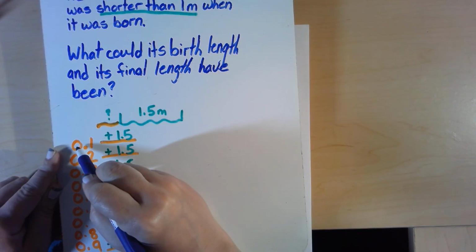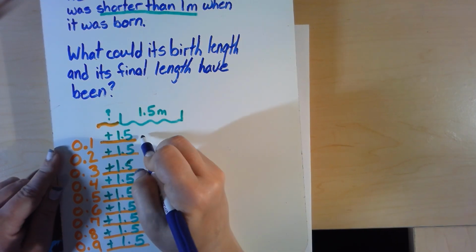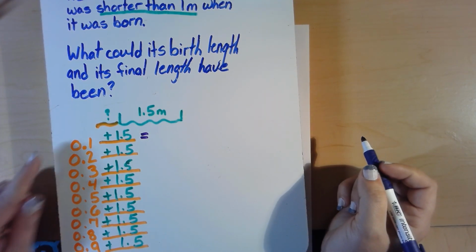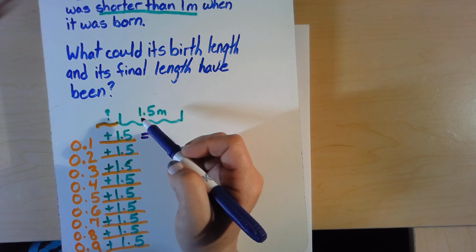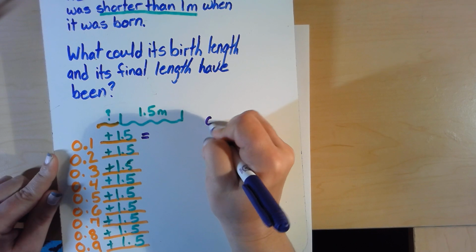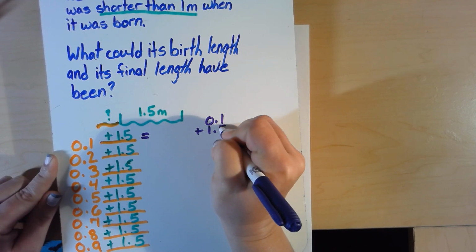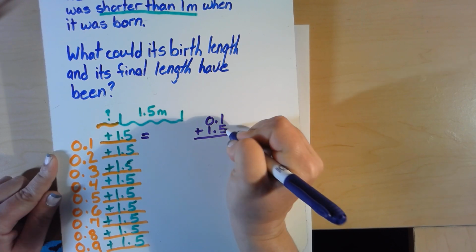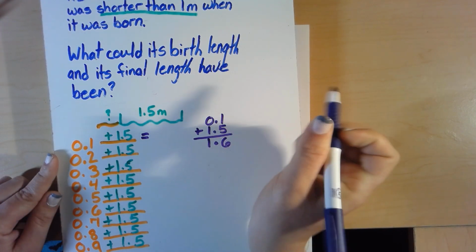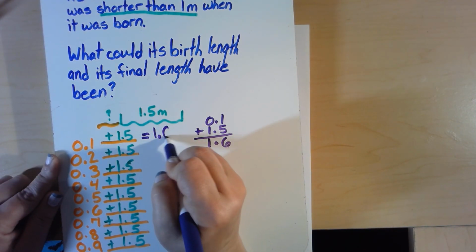So, 0.1 plus 1.5 equals, well, we can line it up for those who need to see it. So 0.1 plus 1.5. 1 plus 5 is 6. Bring down the decimal point, 1. So it equals 1 and 6/10.